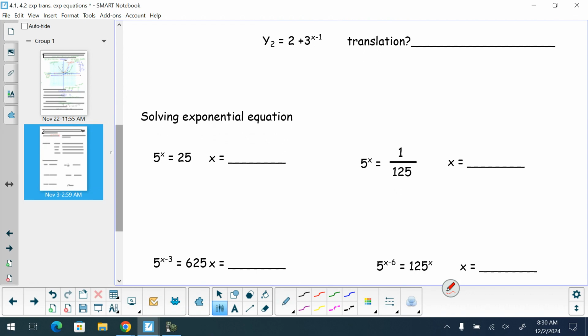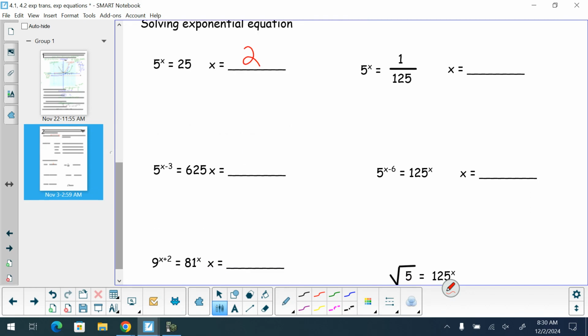Yes, it should be a value of 2. But when we start getting a little bit more involved, 5 to the x equals 1 over 125, or 5 to the x is equal to 625, or 5 to the x minus 6 equals 125 to the x. Now it becomes a little bit more complicated.